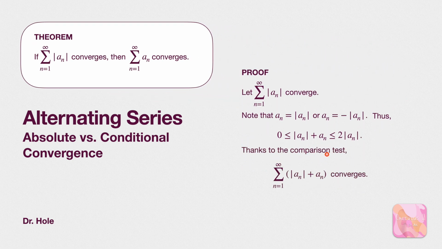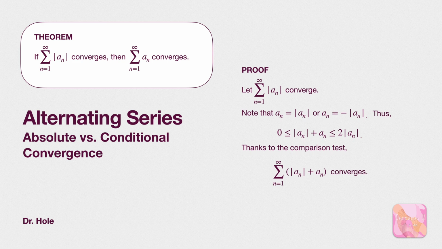This is exactly the comparison test to say that if we were to add up the sequence of absolute AN plus AN, by being controlled by a convergent series, it itself converges. Very good. We're almost done.